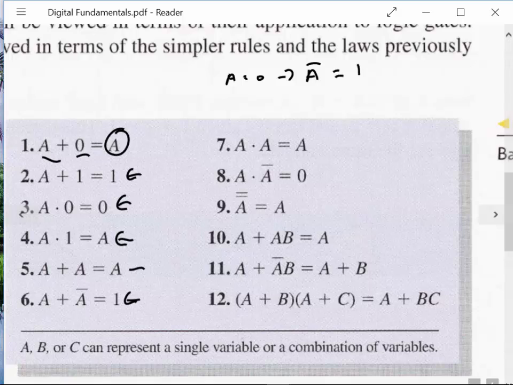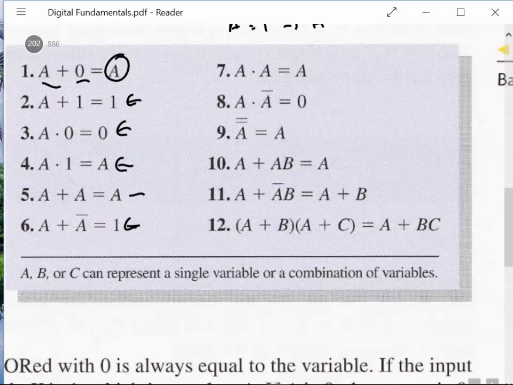If A is equal to 1, A naught is equal to 0. Well, if we're using the OR function, A or A naught, one of them is going to be a 1. So if we OR A and A naught, the output is always going to be a 1.